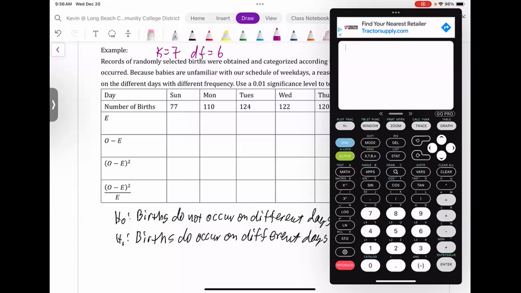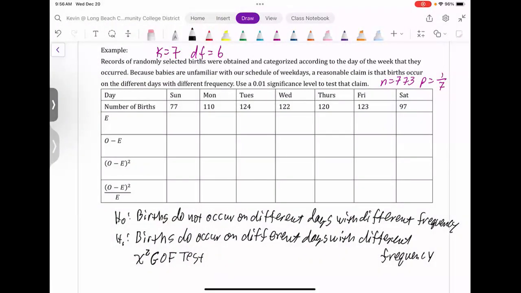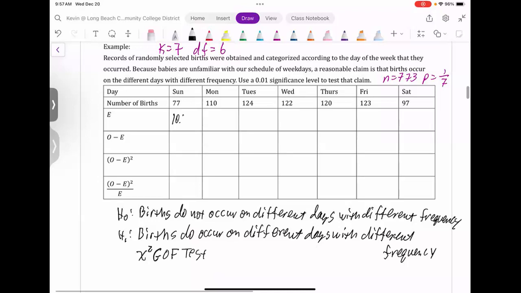And the test that we are going to run is a chi-squared goodness of fit test. And let's go find that. I want to point out that the reason I have this table here is because this is going to be the 110.43 that's rounded off, and then I would subtract the 2.